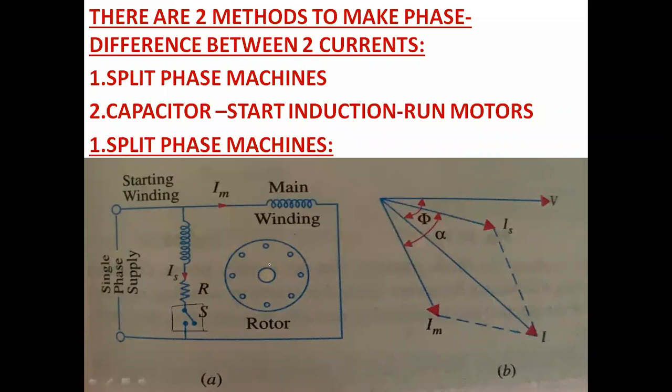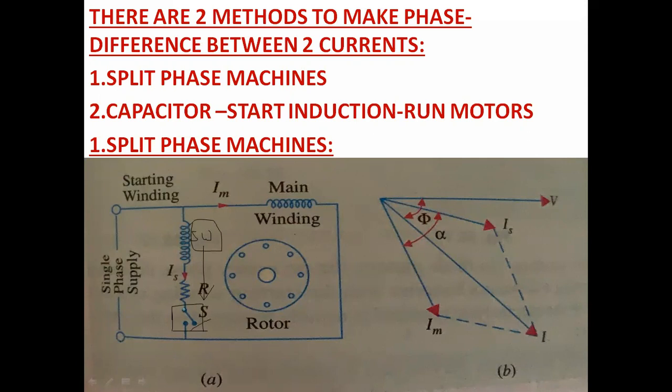If you observe, this is the starting winding, and in series with the starting winding I am connecting the switch, because at the time of starting only I want this starting winding. After the machine runs to a normal speed, there is no need of the starting winding, because it is already running. So we can detach the starting winding from the circuit, and for detaching it I am using this switch S.